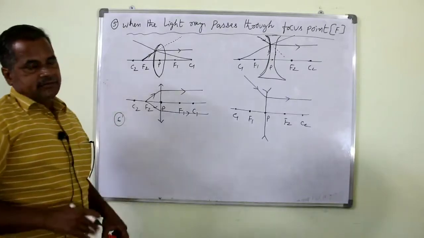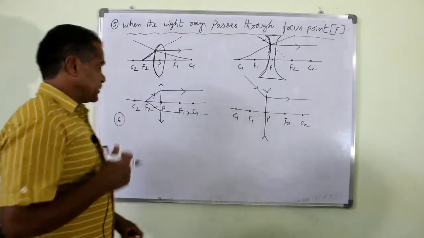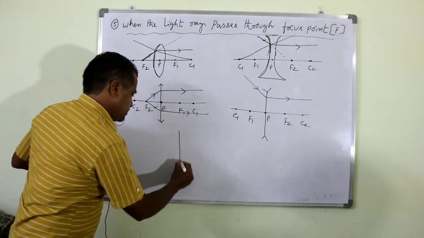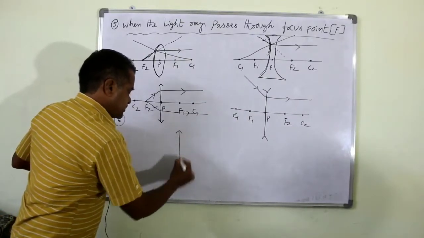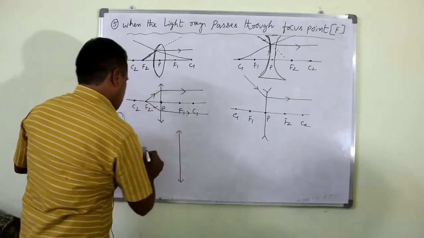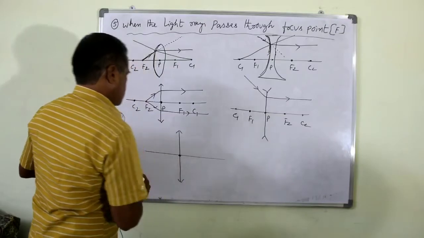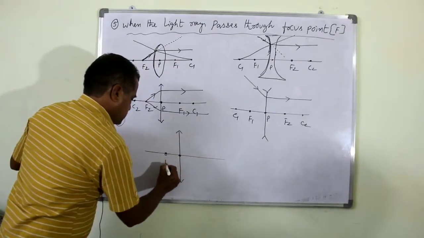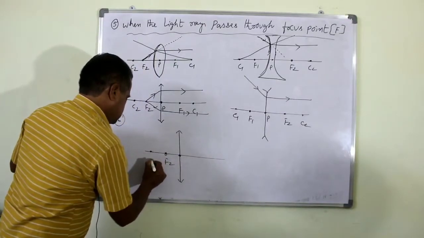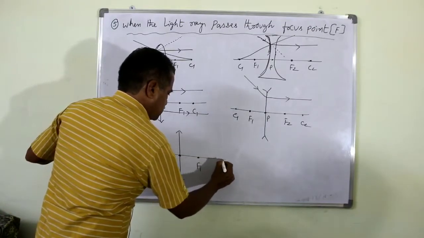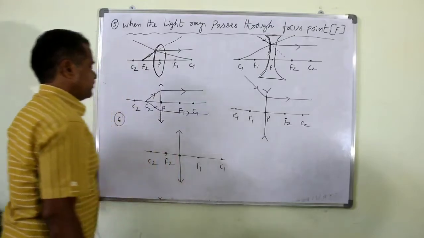any light rays which make some angle with the principal axis. So if you take biconvex, this is F2, this is C2, this is F1, this is C1.